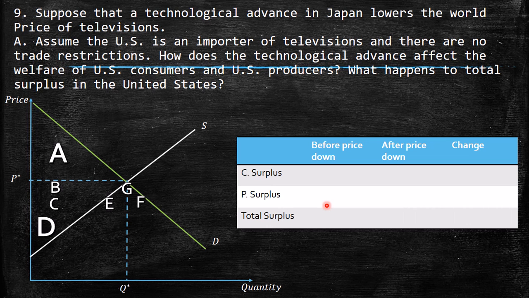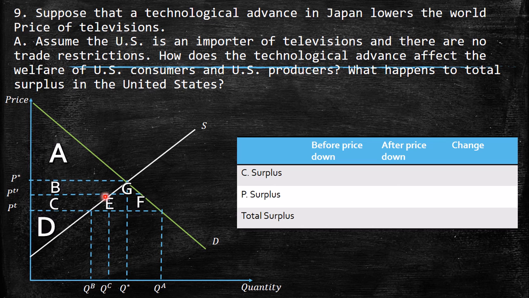So we have here the P star and Q star. Remember, those represent the prices and quantities in the autarky, when there is no trade. So this is the normal price, the PT. The PT, sorry, this is the change. So the PT prime actually is the first price. When remember that US is an importer, it means that the world price is lower than the domestic price.